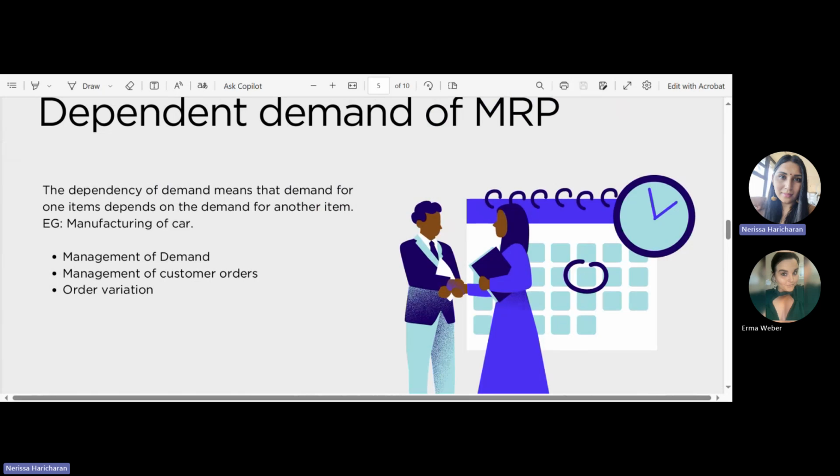Okay, and then the last one is order variation. It happens when a customer changes their mind about what they've ordered at very short notice. So imagine you ordered a new item of clothing, and before you take delivery, you change your mind and inform that business that you don't want that item of clothing anymore. This is typically what happens in both manufacturing and the service industry.